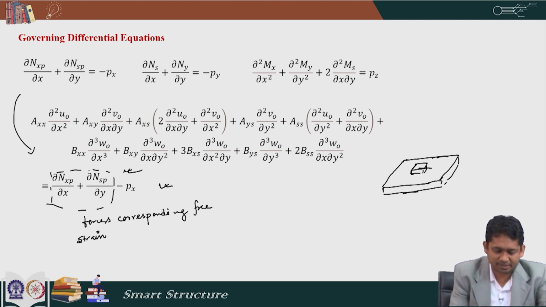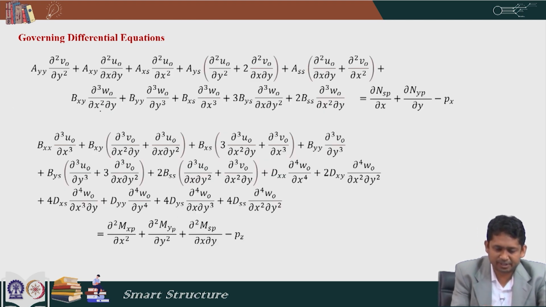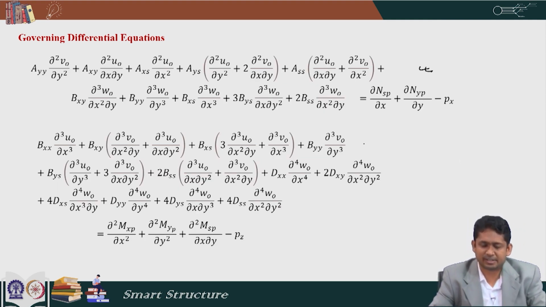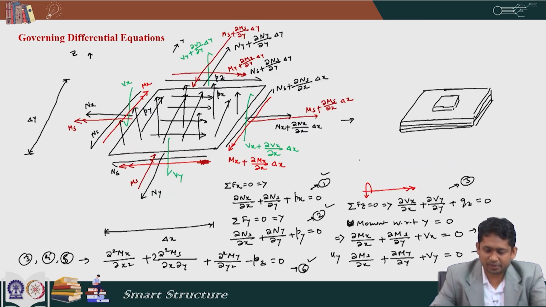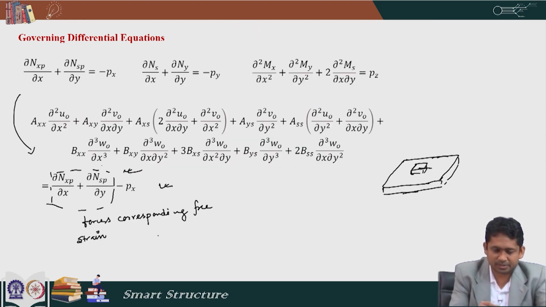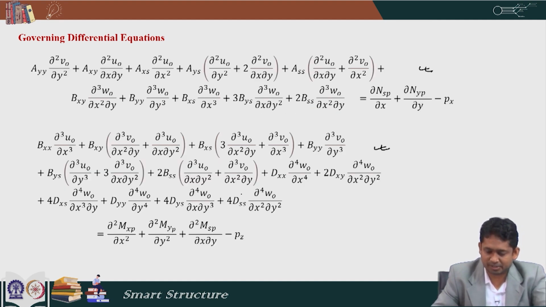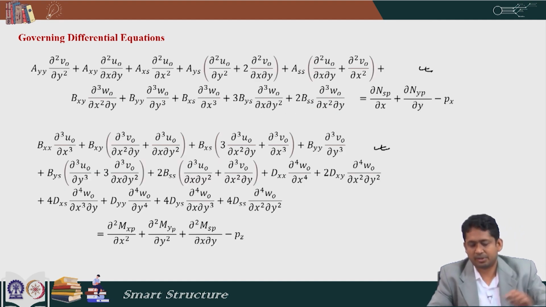So, the first equation becomes this, the second equation becomes this after we substitute nx, ny, ns by the relations in terms of the ABD matrices, and the third equation is this. So, initially these three equations were written in terms of the stress resultants, and finally they are written in terms of the displacement components u0, v0 and w.